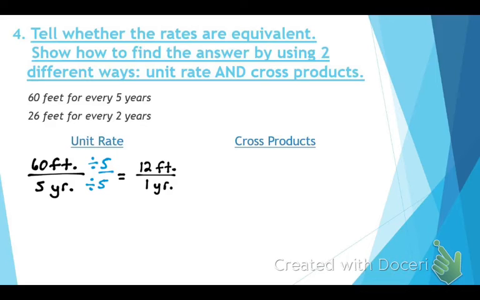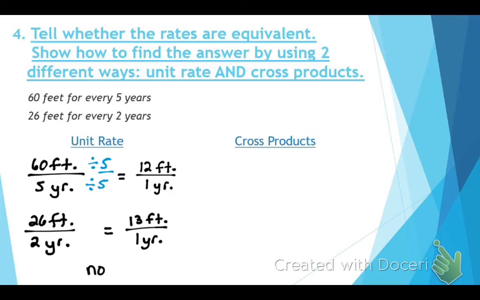Zion, how do I figure out how much that next one is growing? Okay, very good. Listen, this should actually be a pretty simple one. If something's growing at 26 feet in 2 years, if I want to know how much it's growing in 1 year, what do I have to do to it? Divide it by 2, cut it in half, and what do you get? 13 feet per year. Zion, what do you think? Are those growing at an equivalent rate? Are those equal to each other? Almost, but no. Almost, but no.